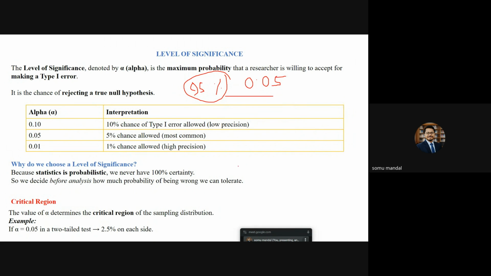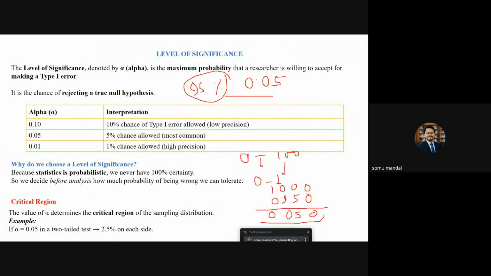In general mathematics, we consider 0 to 100%. In probability, we consider 0 to 1. So 100% indicates 1. If you subtract 0.95 from 1, the value is 0.05.